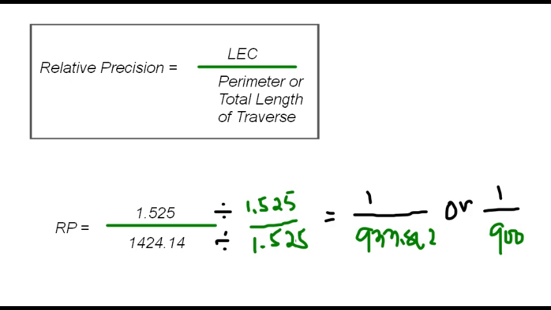As I have taught you before, you divide the numerator by itself and the denominator by the numerator, so that you get the form of a relative precision, which is 1 over the denominator. You round it off to one significant figure, so you get 1 over 900.